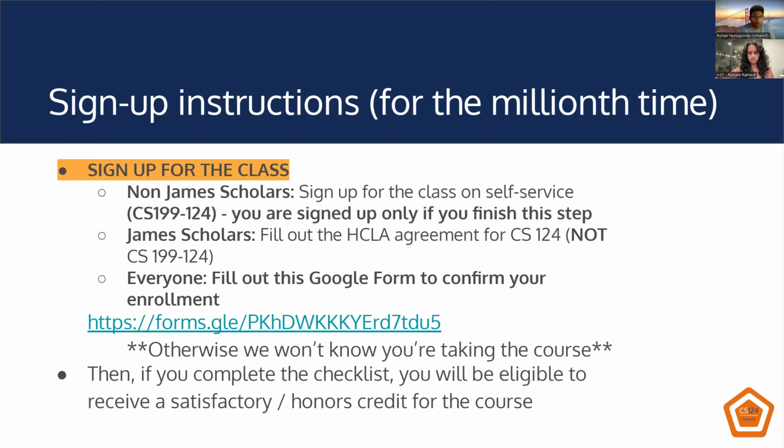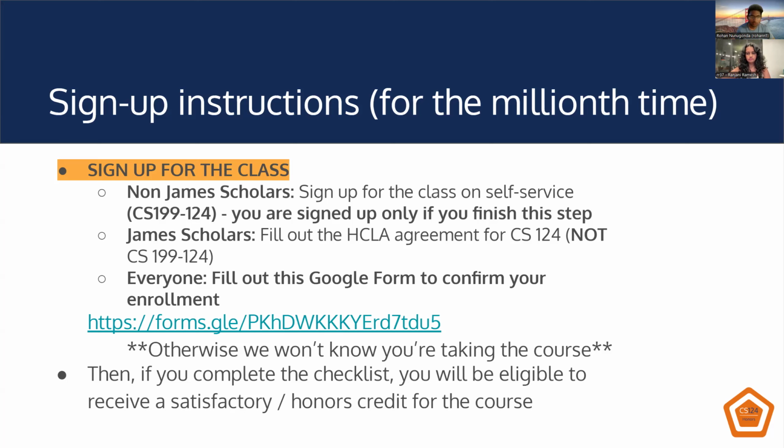Everyone, regardless of if you are a James Scholar or not, must fill out the enrollment confirmation form, again, linked here, or you can use the QR code that we had earlier in the video. This is your way of telling us that you are taking this course and officially confirms your enrollment. If you don't fill this out, we won't know that you're taking the course.